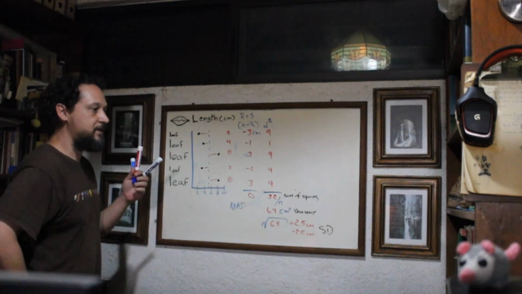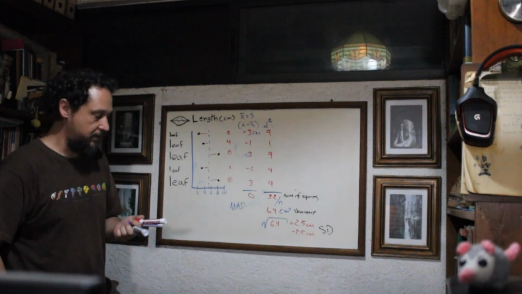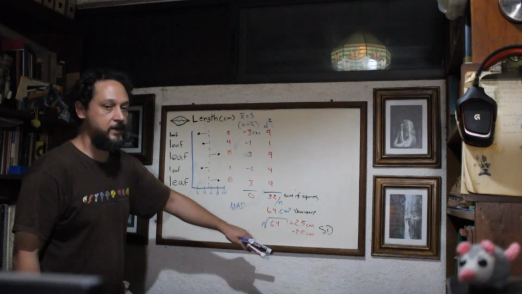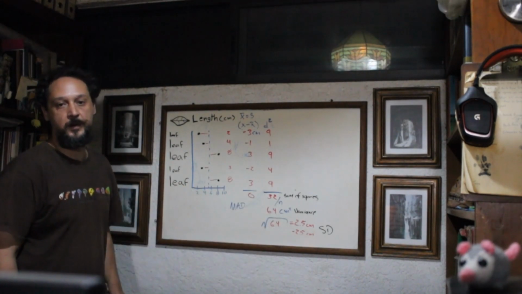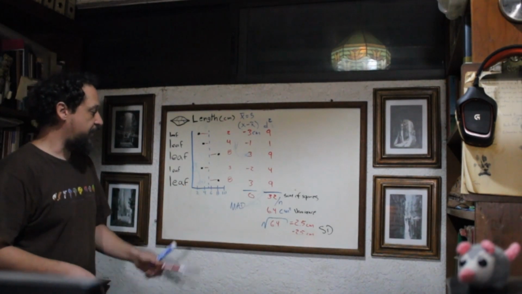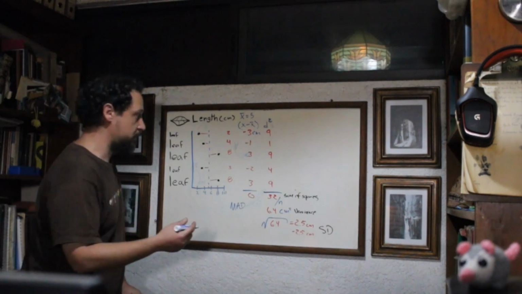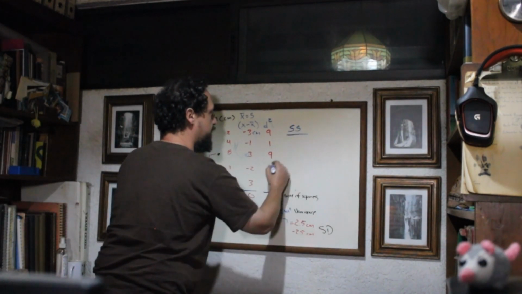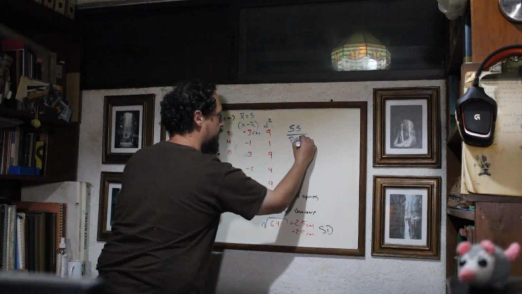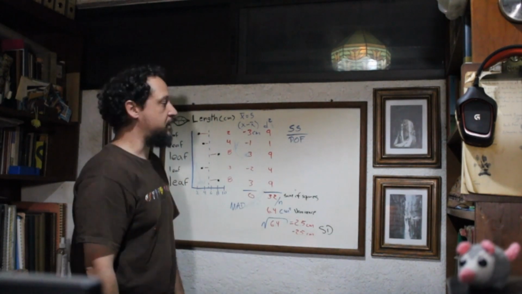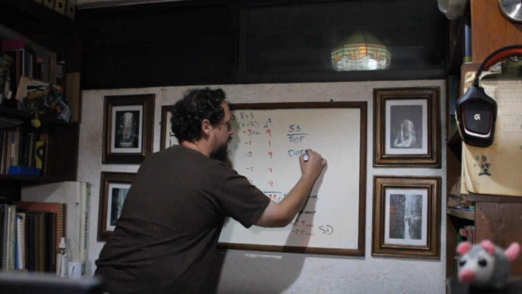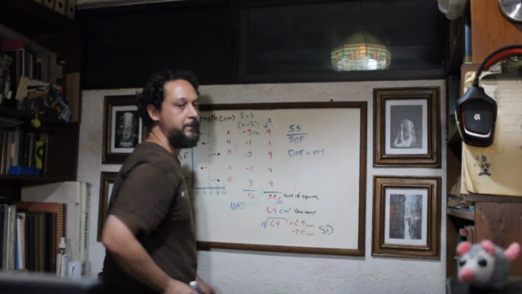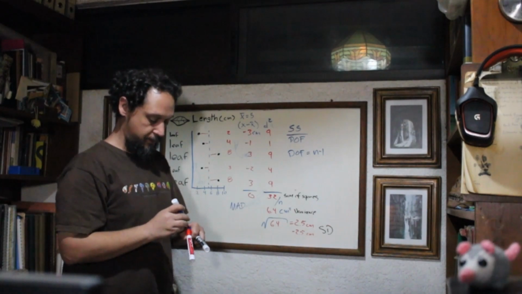To obtain the standard deviation of your sample, instead of dividing the sum of squares by the total number of observations, you divide by the degrees of freedom. And the degrees of freedom is defined as n minus 1, the total number of observations minus 1.